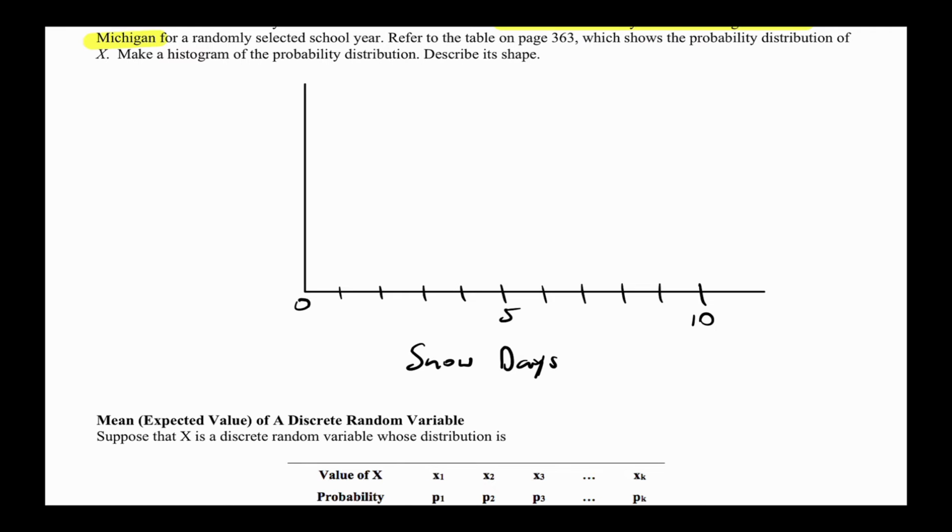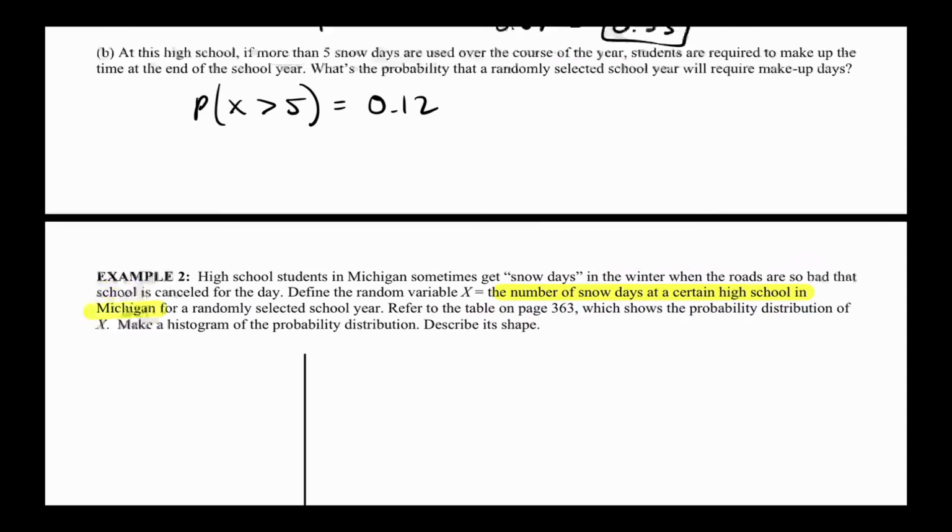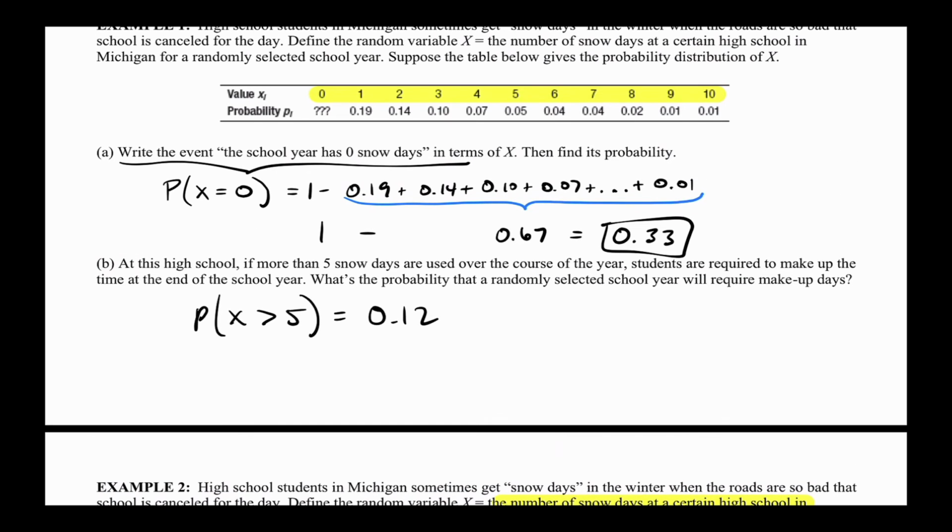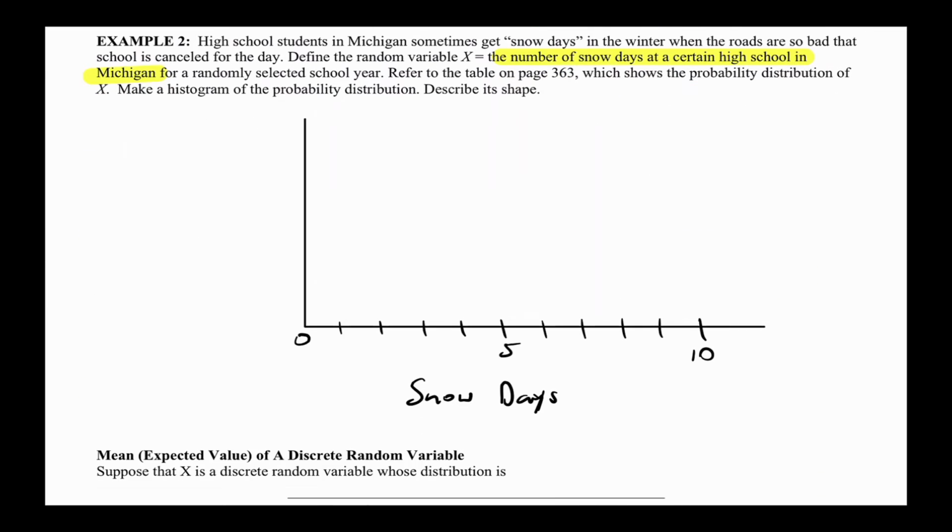Frequency or relative frequency. Relative frequency is what are the chances it's going to happen. That's probability, right? Another way of saying relative frequency is probability. So the probabilities are going to be Y. The highest probability is 0.33, so we need to definitely go up to 0.33.